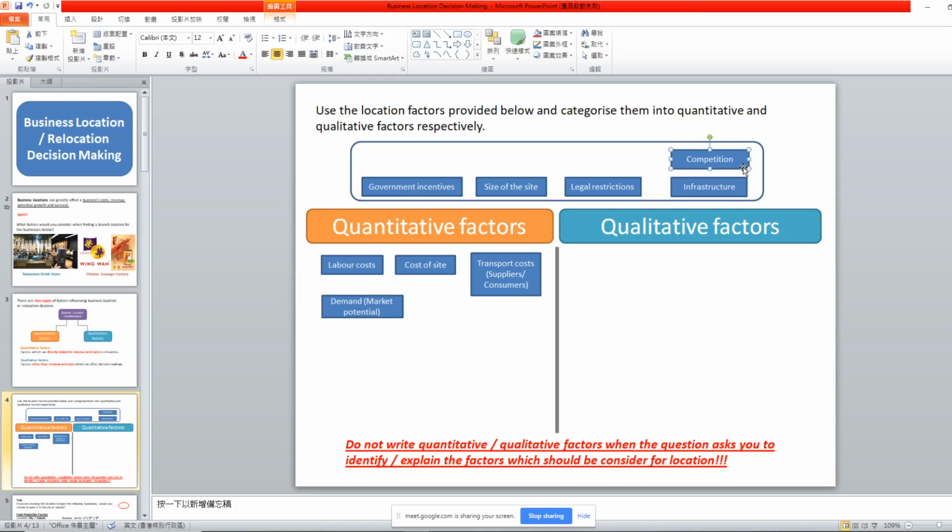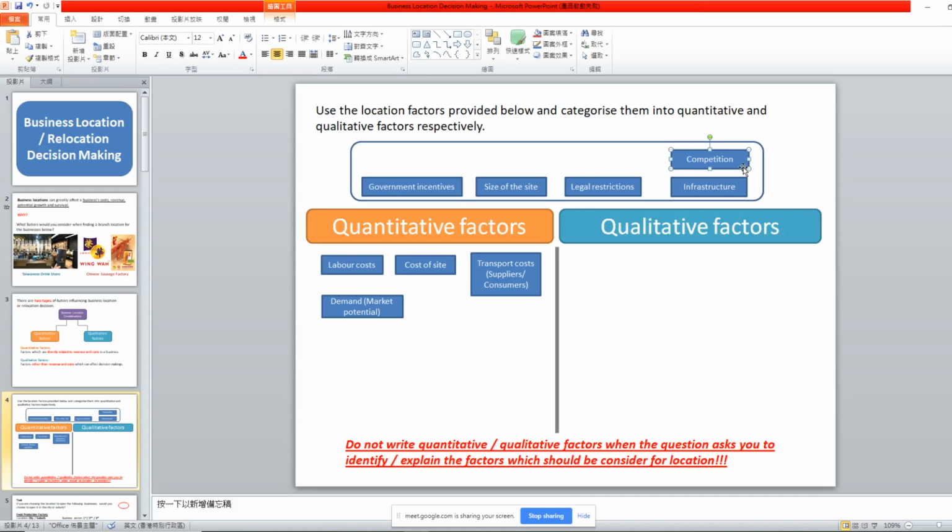I think you all have some good ideas, but here, when we are trying to consider a location for the business, sometimes competition could be a huge factor, because we don't want too much competition in that location.